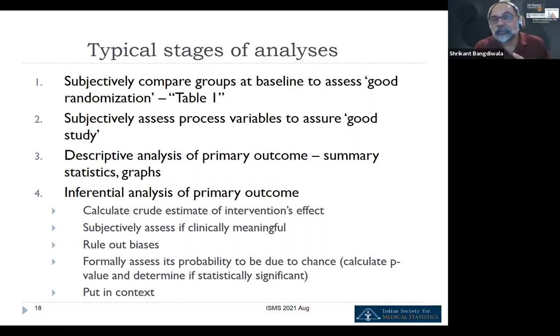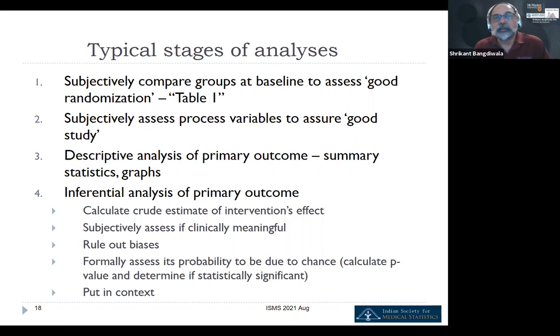If it's clinically meaningful or important, it's not called significant. The word significant is a technical term that should be reserved for a formal statistical test of hypothesis. If it's a clinically meaningful result, then they say, oh, it's not due to any bias.